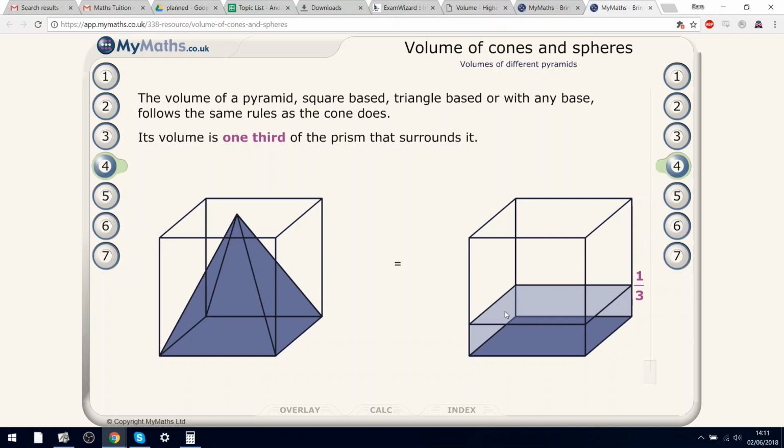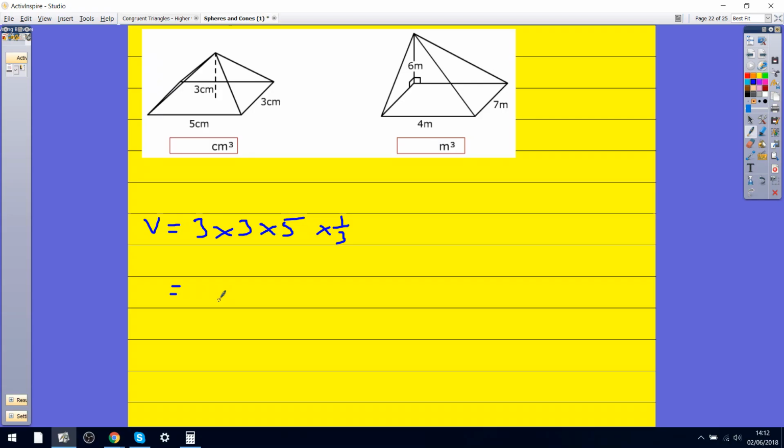And so, okay, find the volume of these two. Yep. And so that'd be non-calculator. What would that be? Yeah, that's 15. And you're going to be fine for the next one as well.